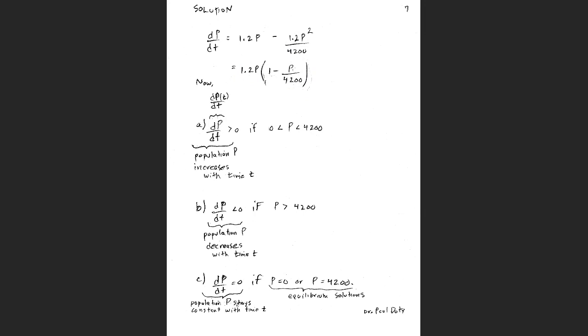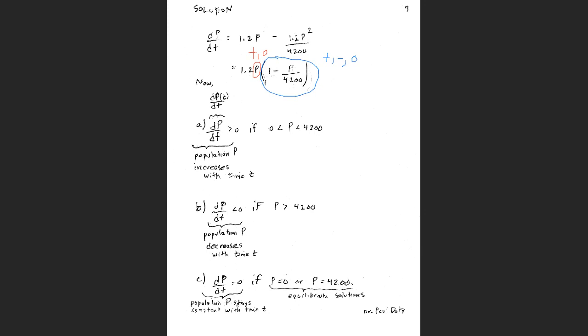The first factor, 1.2 times p, and actually we don't even need the 1.2, we could just focus on p. P can be positive or it could be 0, but you're not going to have a negative population. The second factor, 1 minus p over 4,200, could be positive, negative, or 0.